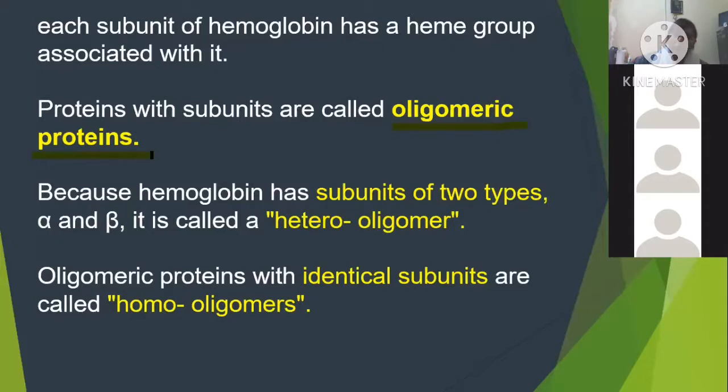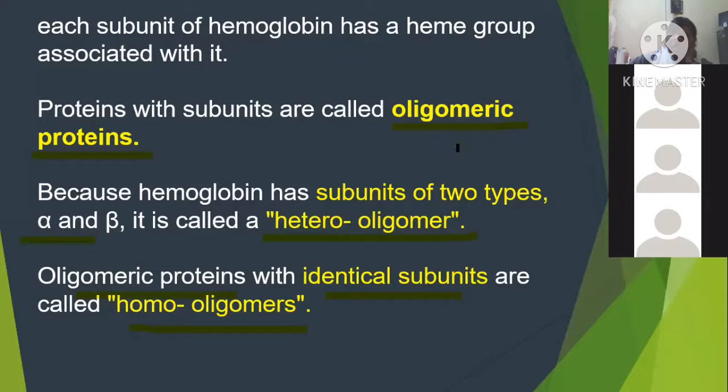Now, if those subunits are different, then it is called a heterooligomer. Hetero refers to different. Oligomer because it has more than one polypeptide chain. Now hemoglobin, because it has 2 types of subunits, an alpha and a beta, is called a heterooligomer. If an oligomeric protein, a protein with many subunits, has identical subunits, then we call it a homooligomer.